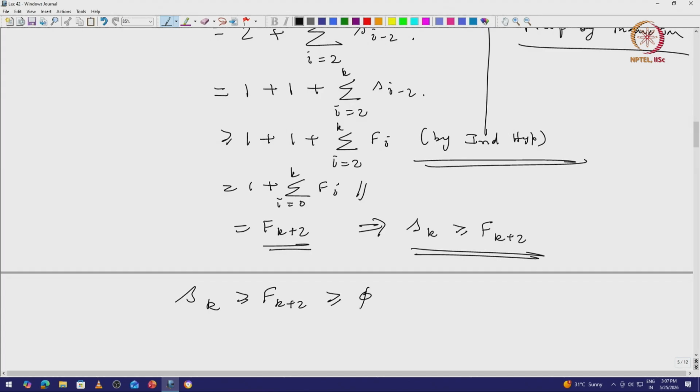Therefore, you can see that Sk is greater than or equal to F(k+2), and this is greater than or equal to phi to the power k, which is roughly 1.6 to the power k. Therefore, what is the relation between k and Sk? It is a log. Therefore, k is less than or equal to log to the base phi of Sk.